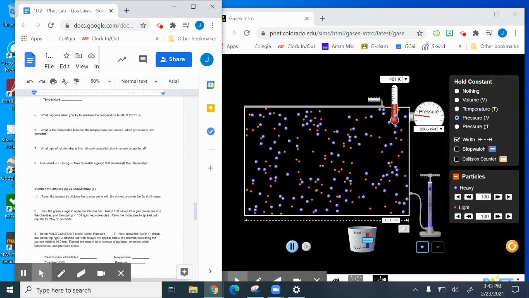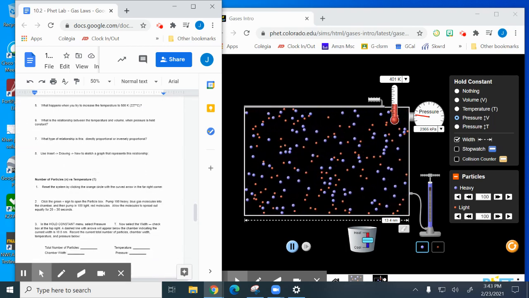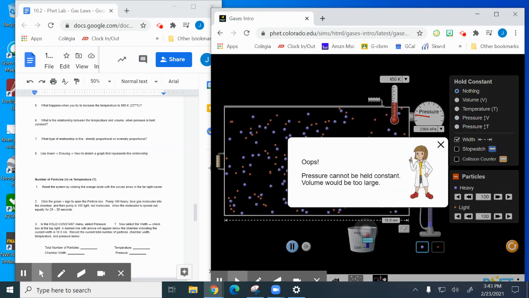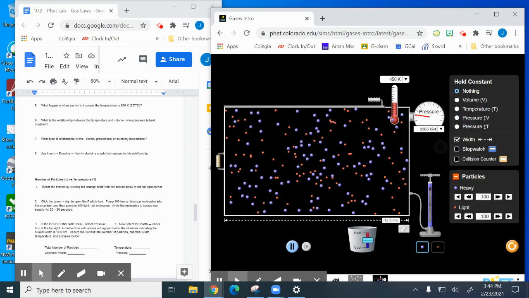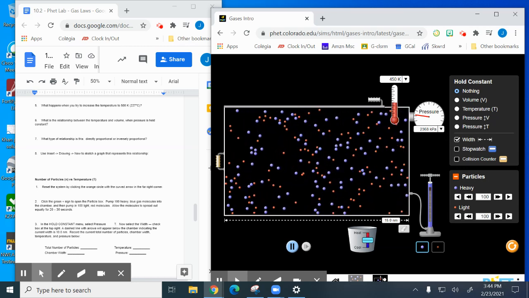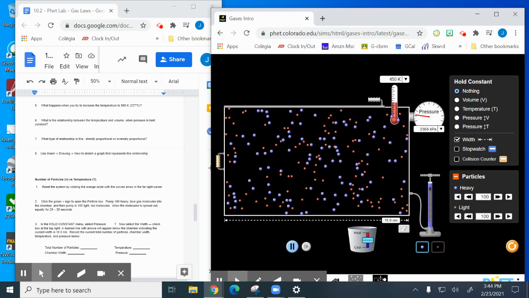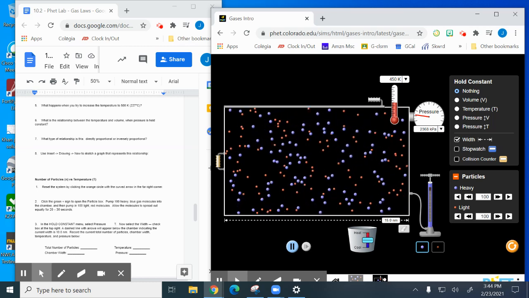What happens when you try to increase the temperature to 500 degrees? It won't go, because it's just outside the parameters of the system, right? That doesn't mean it can't ever be done. It just means this thing's not programmed to do that.